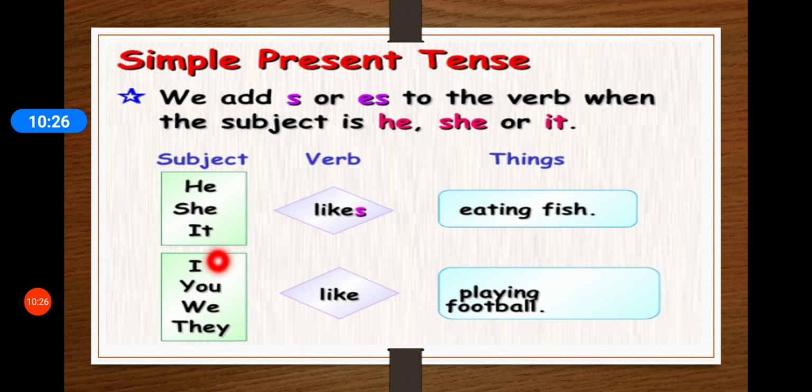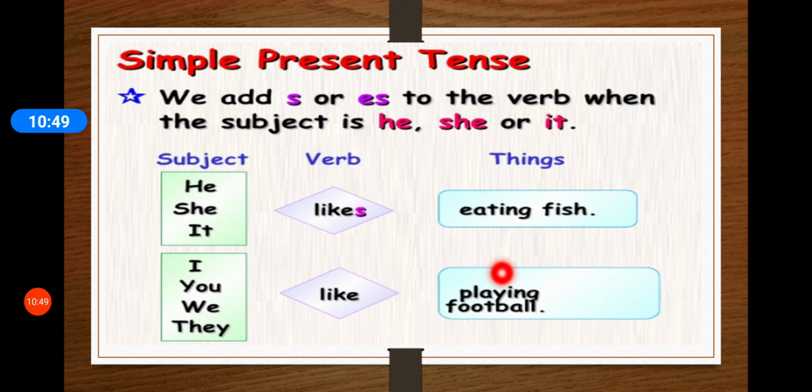And if the subject is I, you, we, they or a plural noun, then we don't have to add S or ES. Let's have a look at some examples. For example, I like playing football. Similarly, you like playing football, we like playing football and they like playing football.